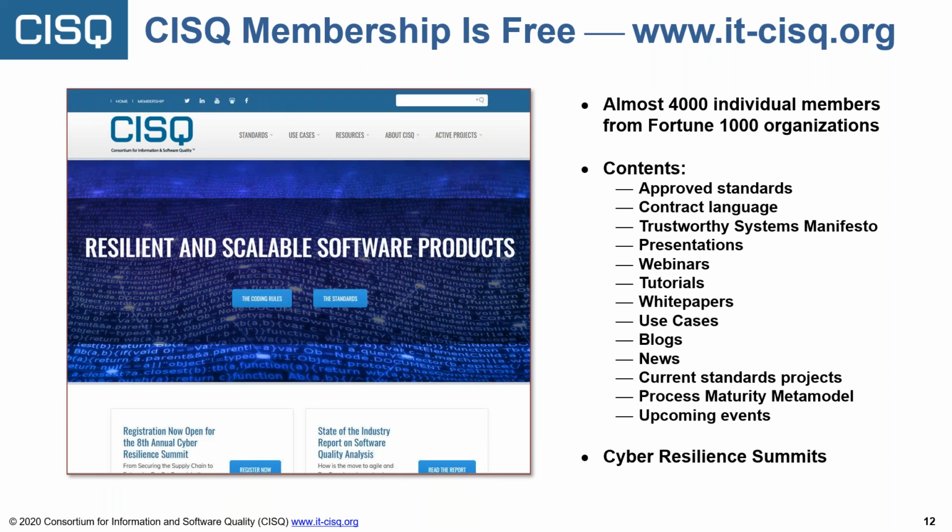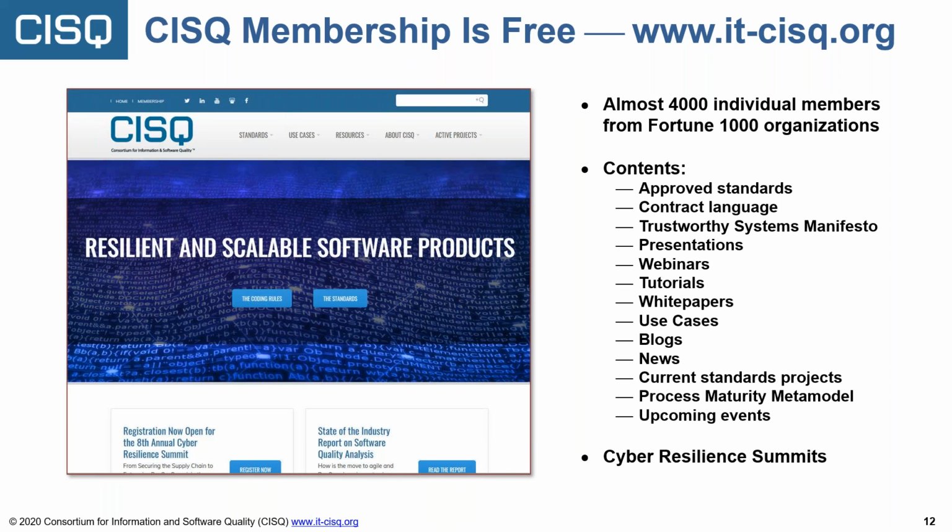Our consortium is funded by sponsors, and we would love to have your organization as a sponsor of CISQ to continue all the work we're doing on building international standards for measuring software. And we have new projects dealing with software bills of materials, with measures for DevOps and agile environments, with measures for model-based software engineering, and other areas of need for measuring software.